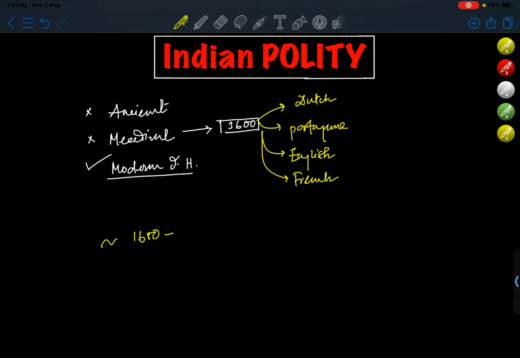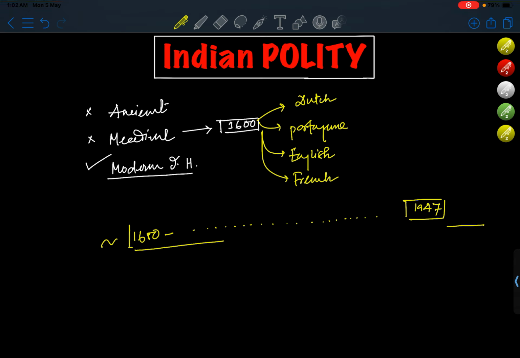Now we have to understand the total timeline, from 1600 till 1947, India's independence from the British. There have been sequential events which led to the foundation of our Indian polity.